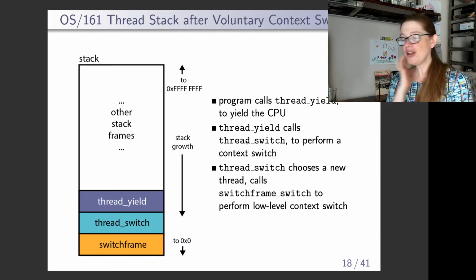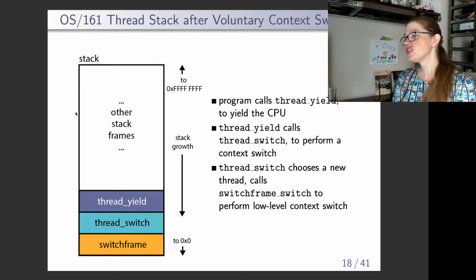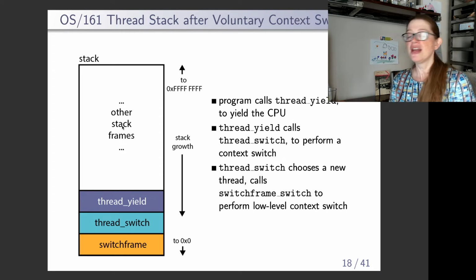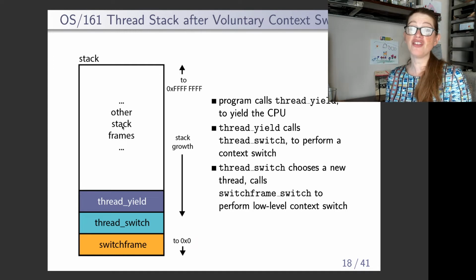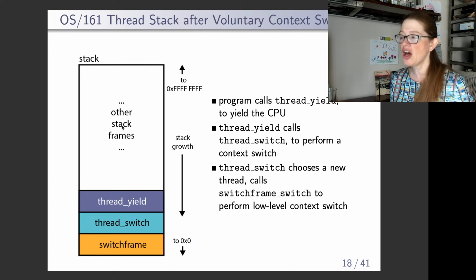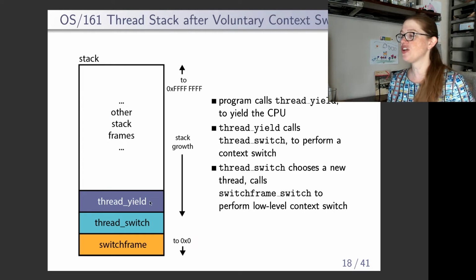Okay, so one of the things we like to do is pay attention to what our stack looks like when we're doing context switches. So this is what our stack's going to look like. Your thread was running some code, and then let's say it called thread yield to initiate a voluntary context switch. So we've got our other stack frames here at the top, and then we call thread yield. So thread yield goes on the stack.